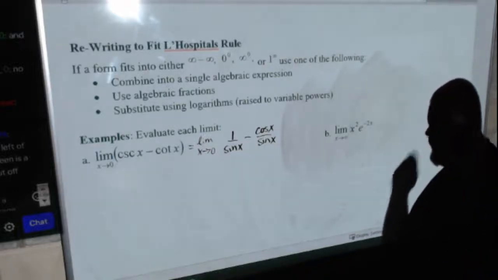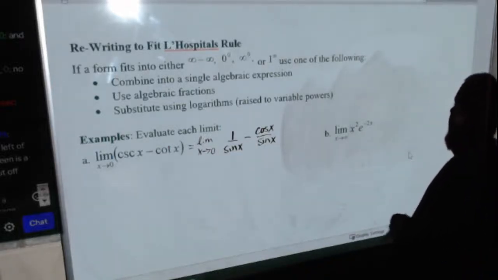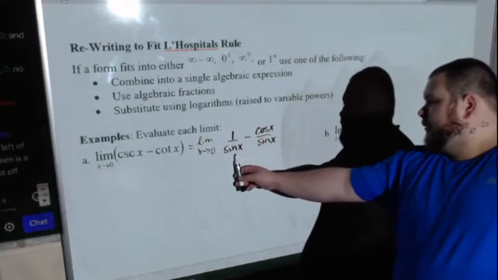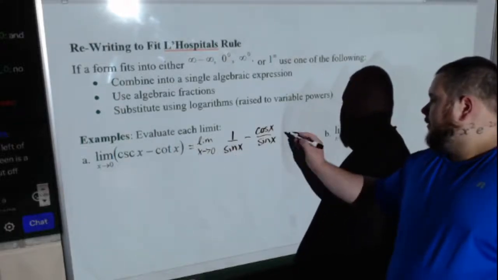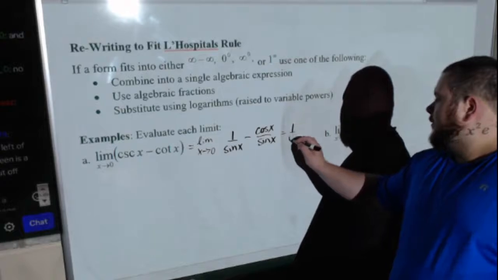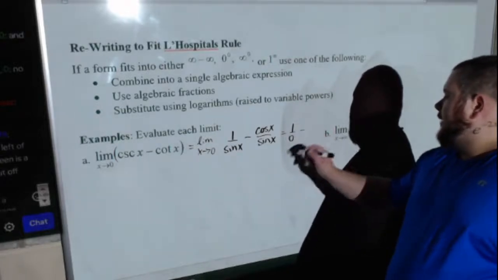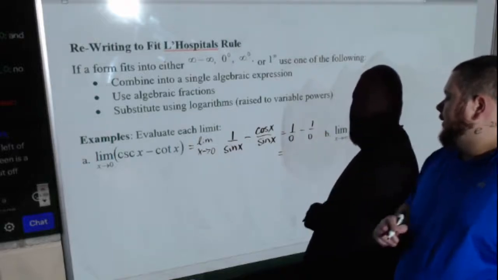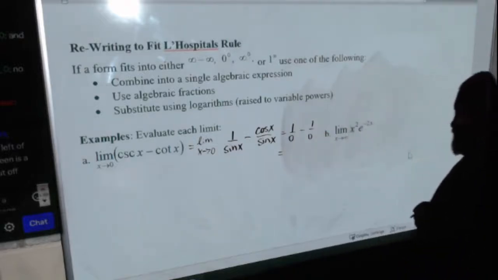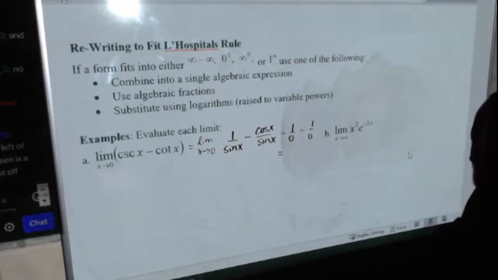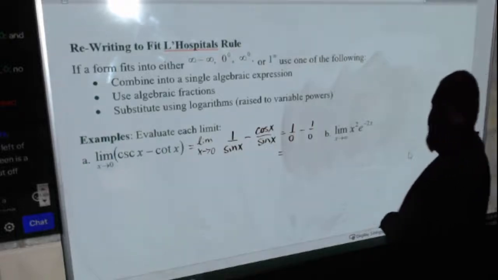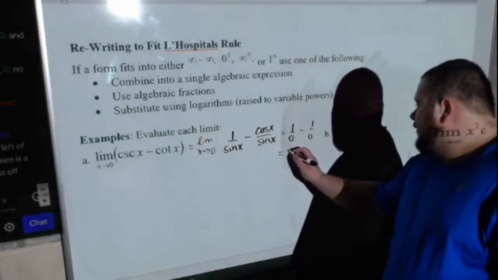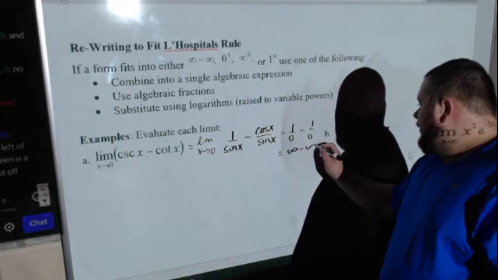Now if I substitute 0 in there, sine of 0, that's 0, and this is also going to be 1 over 0. So all these years we've been saying can't divide by 0, but here in calculus we're going to start saying that 1 over 0 is infinity.